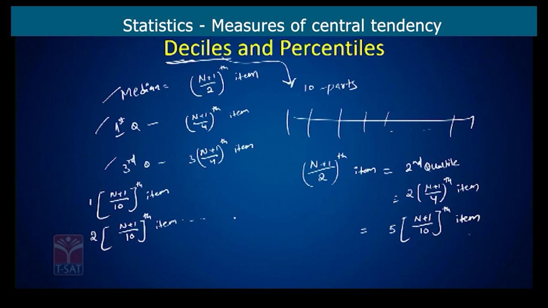The ninth decile is 9 into (n plus 1)/10th item. In the same way, the percentiles.